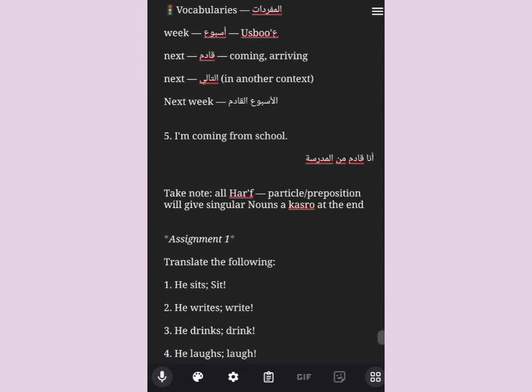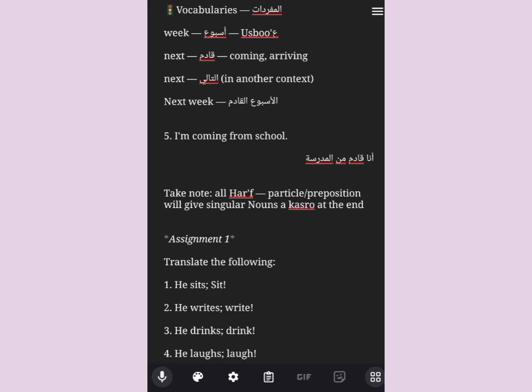Okay, something we need to take note of very quickly. Al-harf, just like I said earlier, is a particle of preposition, and it will give all singular nouns a kasra. It will make them majroor. It will make them what? Majroor. This is very important.